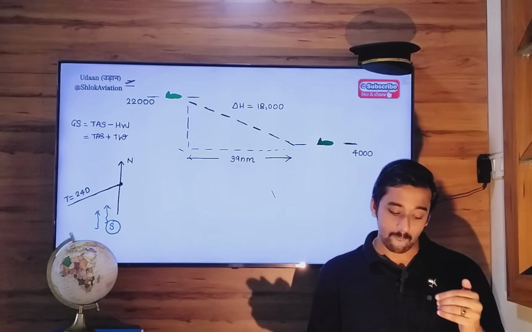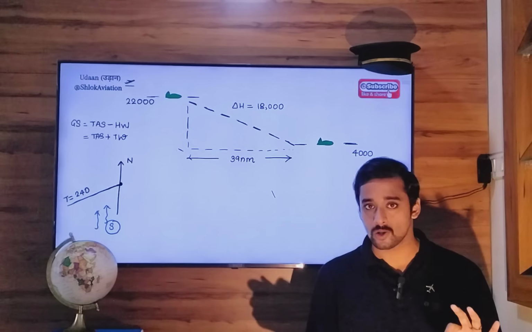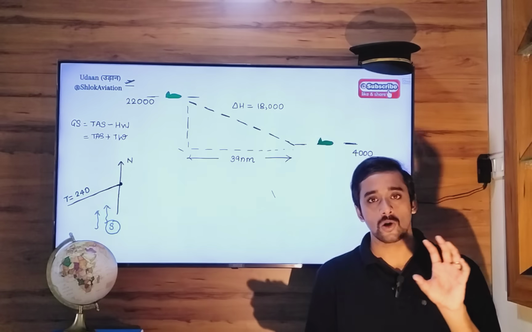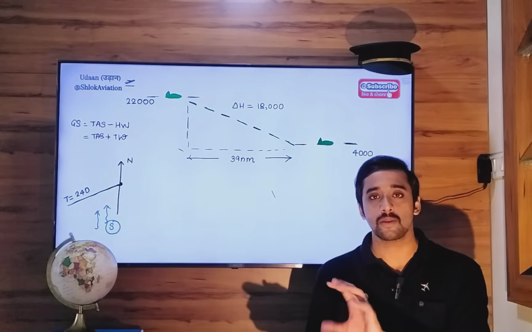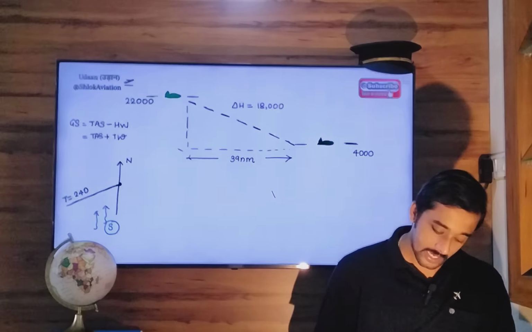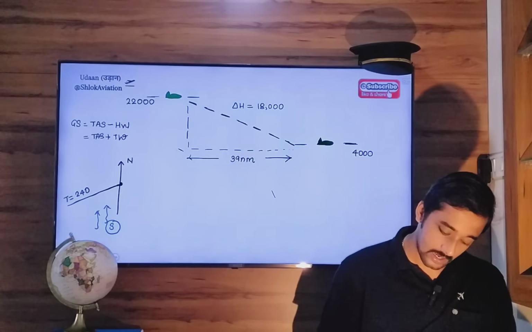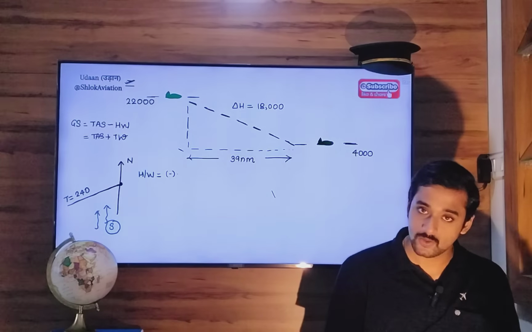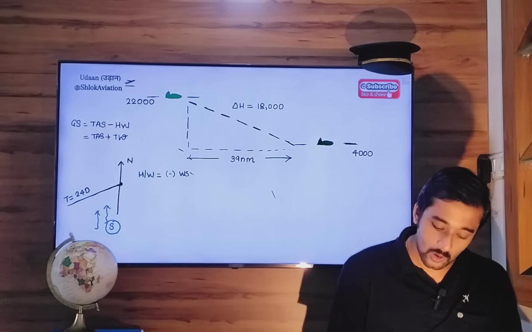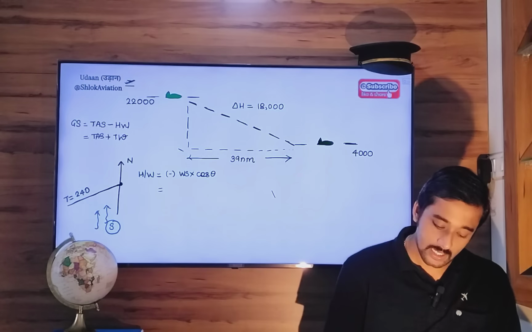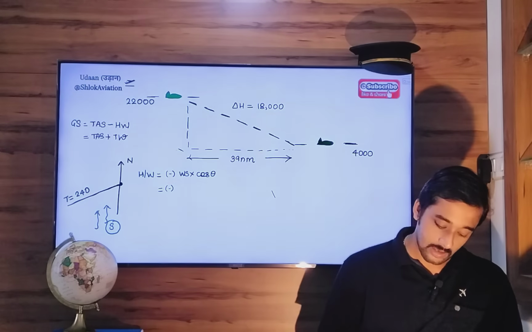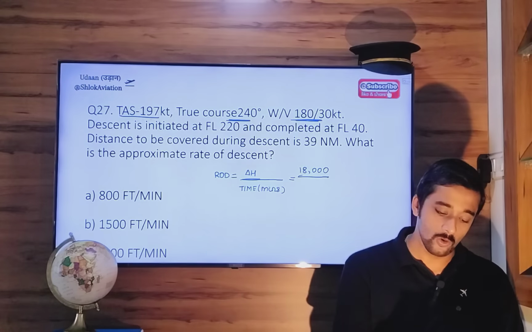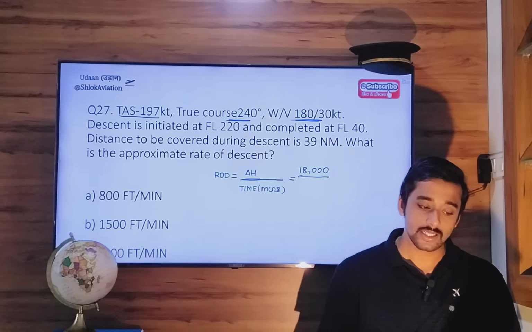But this is not a complete crosswind. This is not a 90-degree crosswind. So this wind is made of two parts: some crosswind component and the remaining component belongs to headwind. Now let's find out the headwind component using the formula. Headwind component equals, minus stands for headwind, wind speed into cos theta, where theta is the difference between your wind direction 180 and the course that you are flying 240. So that is minus 60.